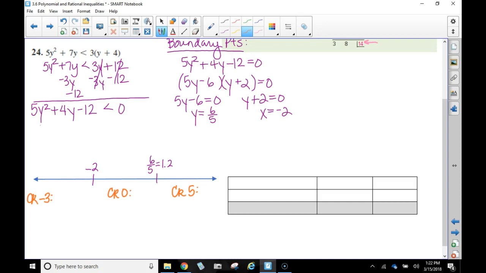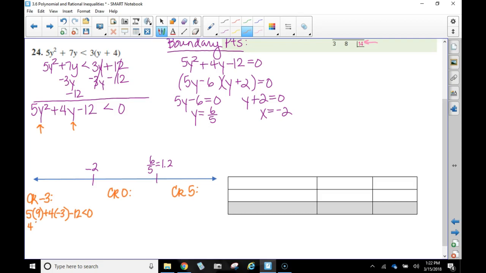Now what I'm going to do is go up here and test those back in, okay? And so if I take 5 multiplied by a -3 squared, which is a positive 9, plus 4 times -3, and then minus 12, is that going to be less than 0? That's the big question, okay?